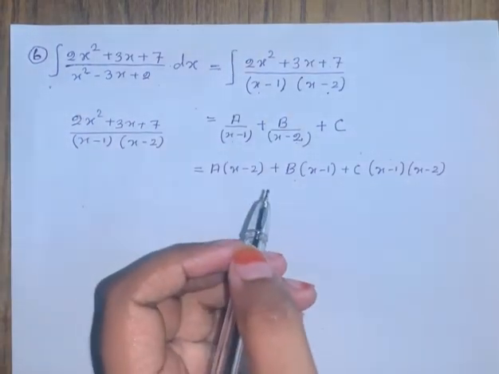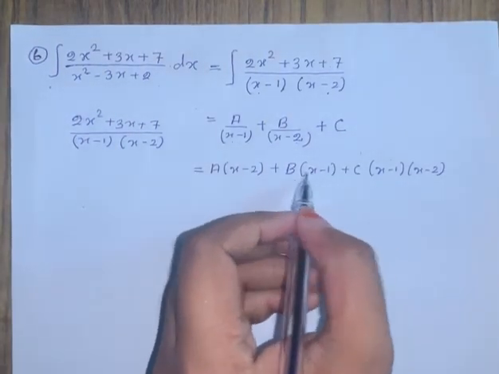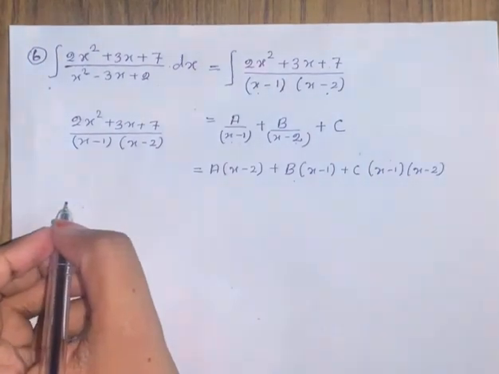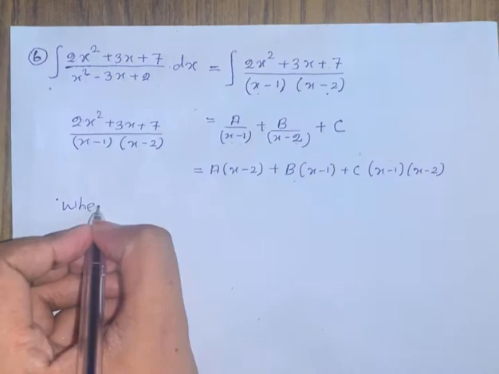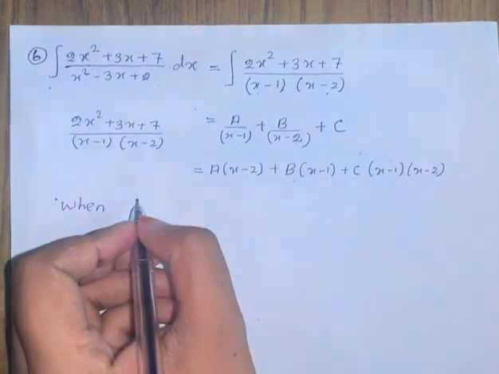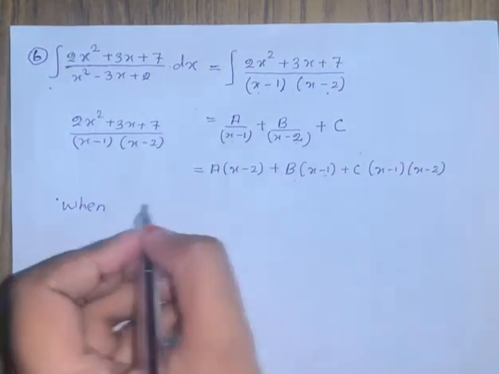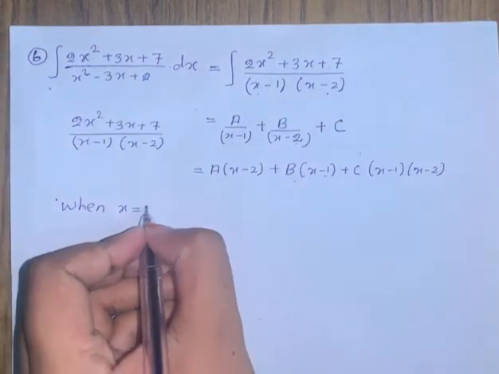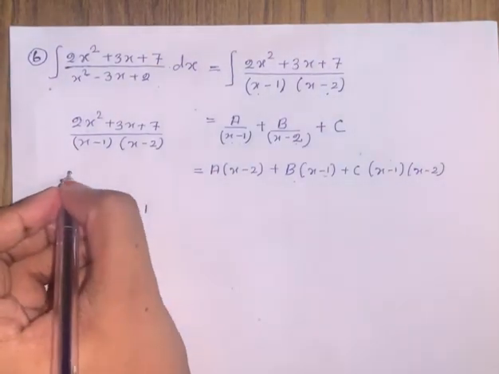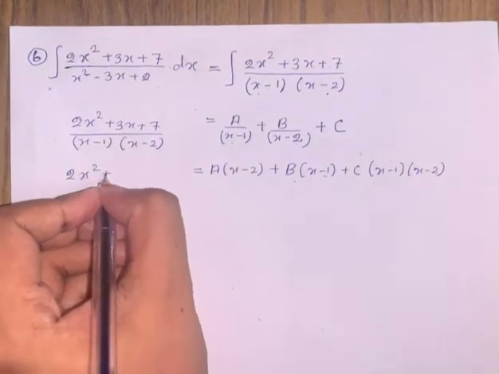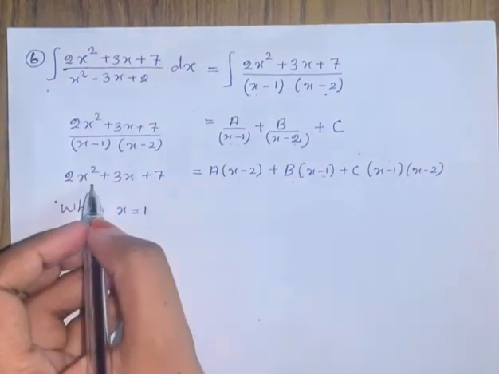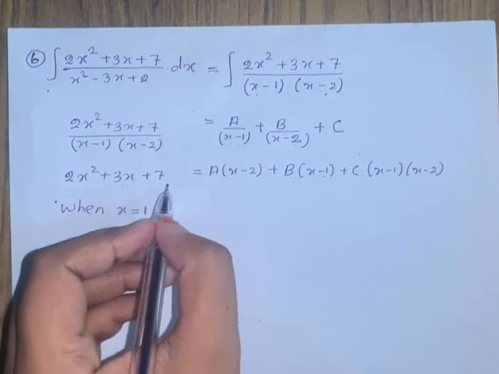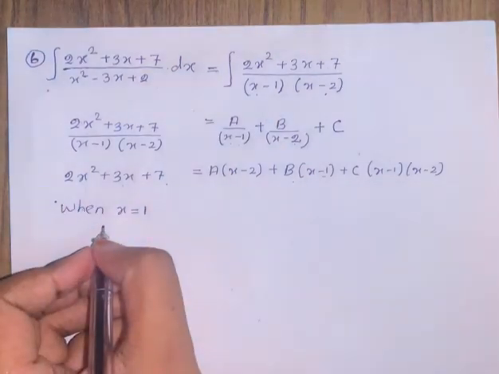Okay, so we have to make everything 0. That is the easy procedure, because if we expand them and rewrite them, that will take much time. So we have to put x as plus 1, because we have to find the value of A. You can do whichever order you want.